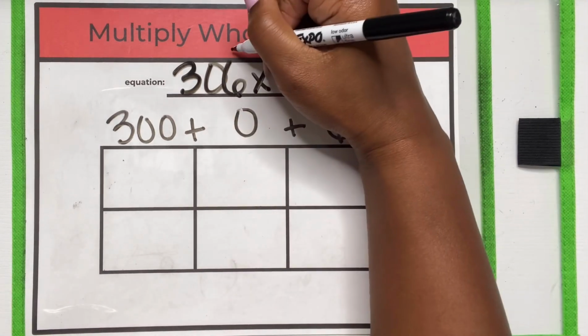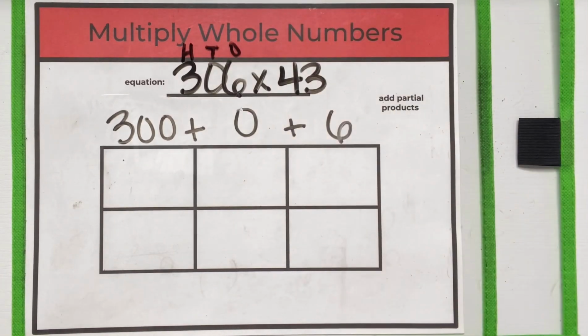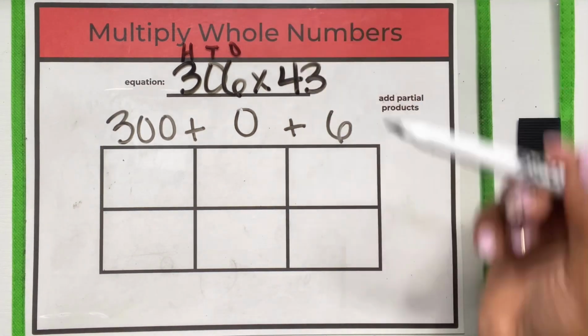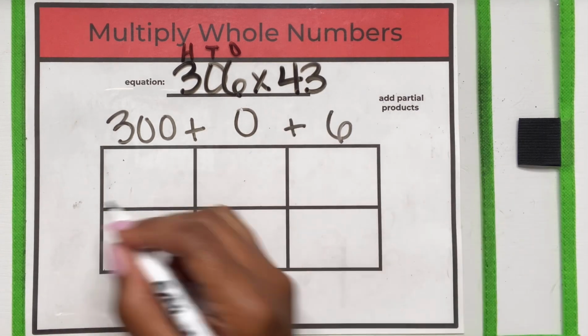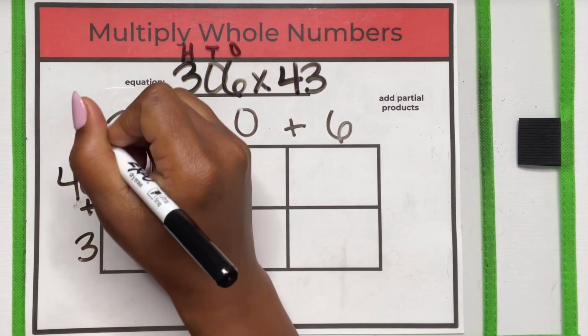That 6 is in the ones place. So always identify the correct value. All you have to think about is the location of the number. If you forget, label ones, tens, hundreds. All right. Now on this side, we're going to expand 43. 40 plus 3.